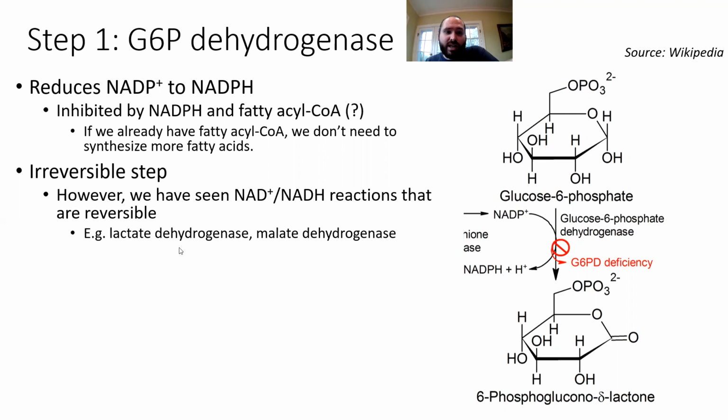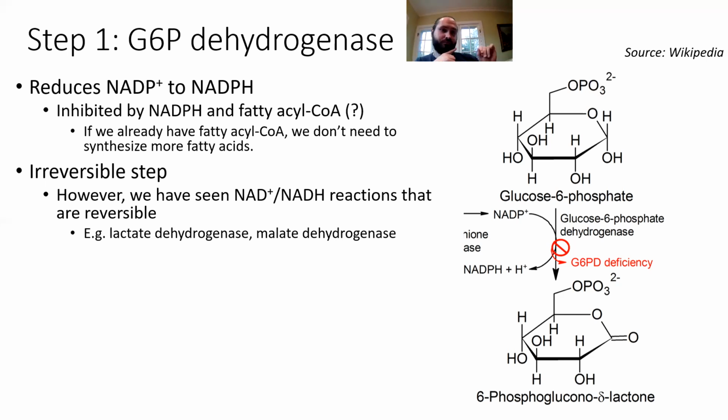Likewise, we said lactate dehydrogenase is another example of an enzyme that leads to either production of NAD plus from NADH or vice versa, production of NADH from NAD plus. It's another reversible reaction. Remember that one of the functions of lactate, of course, is in fermentation. In the Cori cycle, when we send lactate over to the liver, it will then make lactate back into pyruvate and do gluconeogenesis on pyruvate and send glucose back to the muscle. So it's the Cori cycle.